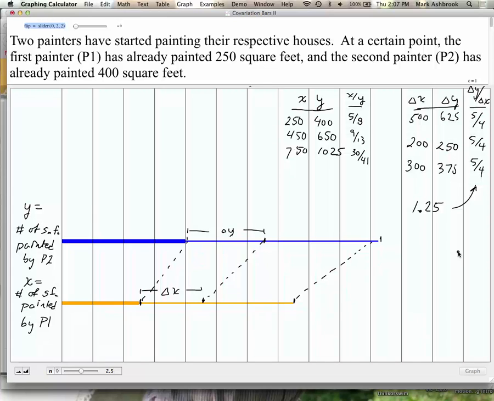And so is the total amount, y, changing at a constant rate of change with respect to x or not? The ratio of x over y is not equal. The ratio of delta y over delta x is equal. Is the total amount painted by Painter 2 varying with a constant rate of change with the total amount painted by Painter 1? Talk at your table. Yes or no?